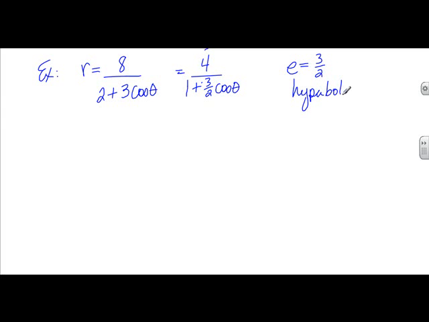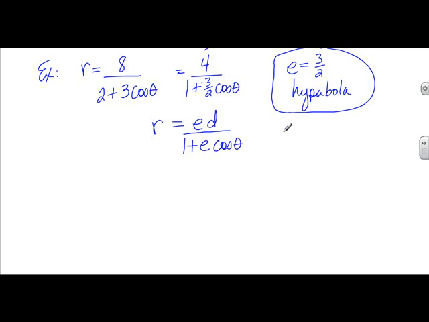Alright, this fits the basic form of r is equal to e d over 1 plus e cosine theta. So one of my directrixes is going to have the equation x is equal to d.